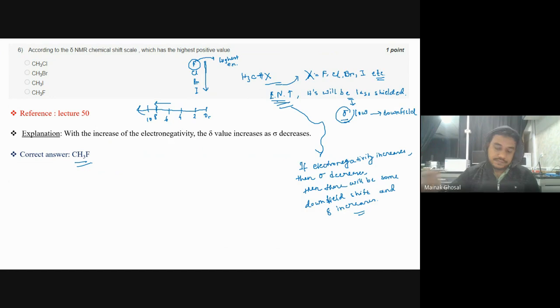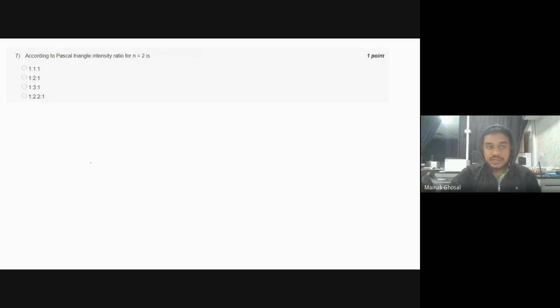So the next question is, according to Pascal's triangle law, what should be the intensity ratio for n equals 2? For n equals 2, how many peaks will be there?